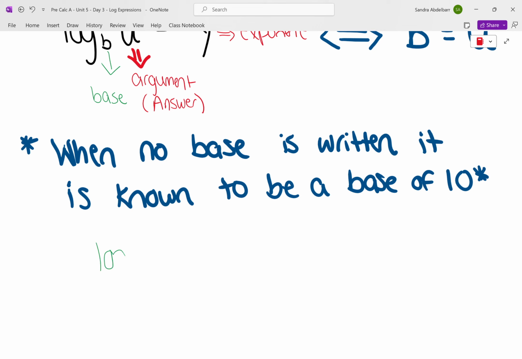So if I just wrote log x, this is the same as log base 10 of x. And that's how you read it, log base 10 of the argument.